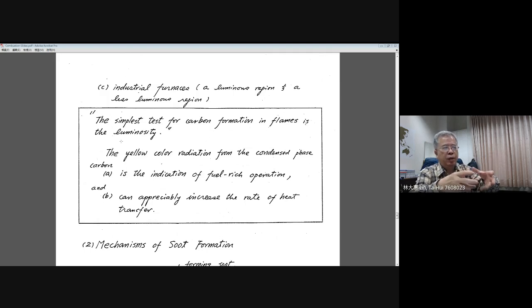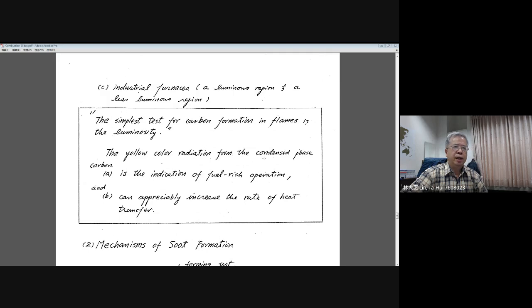And when you burn the oil, the flame usually has the yellow color, and that yellow color gives you the light. Then people use the English name luminosity. Luminous flame means the yellow color, and the yellow color radiation comes from the flames.